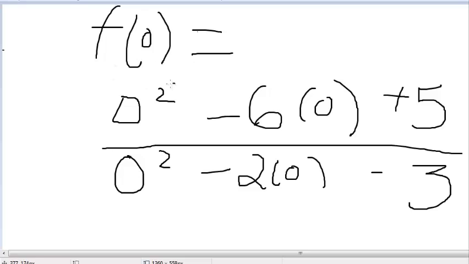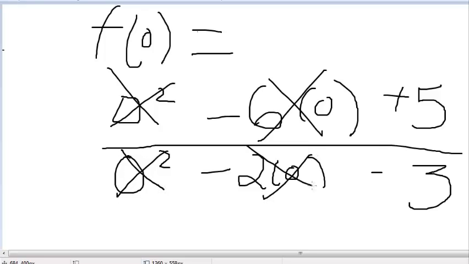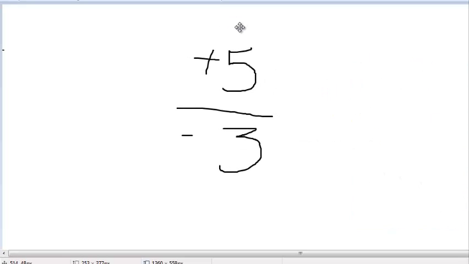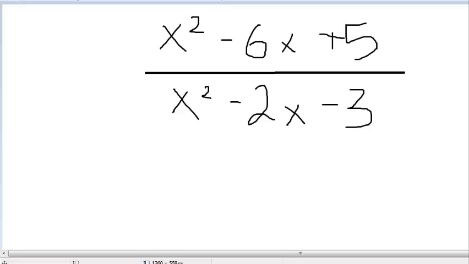So we know this value and this value are going to equal 0, and this value are also going to equal 0. So we're left with just these two values on the edge here, and they are going to be our y-intercept. The last thing we need to know before we graph is our horizontal asymptote.